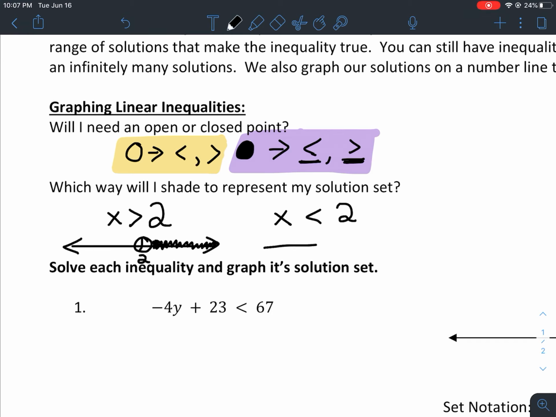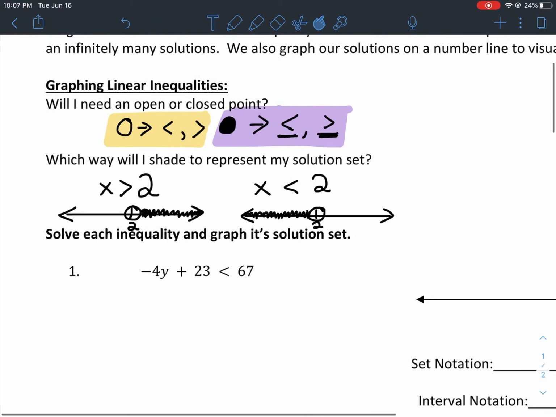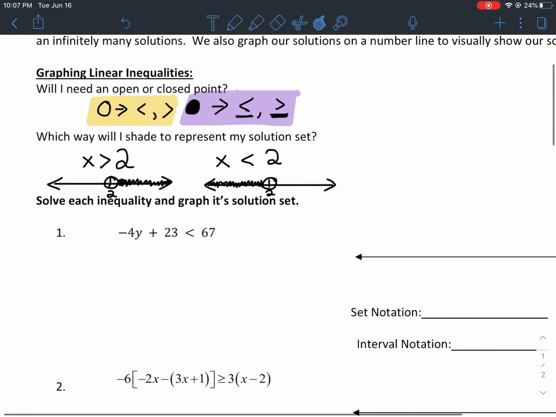If I had x is less than 2, I would also have an open circle at 2. But now I want the numbers that are smaller than 2, which are to the left on a number line. And if I had less than or equal to or greater than or equal to, it would look just like that. But instead of an open circle, I would have a closed circle.